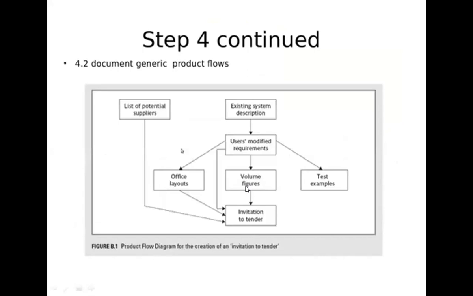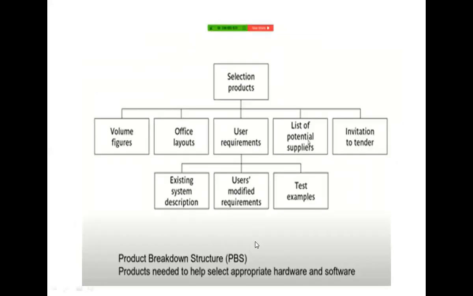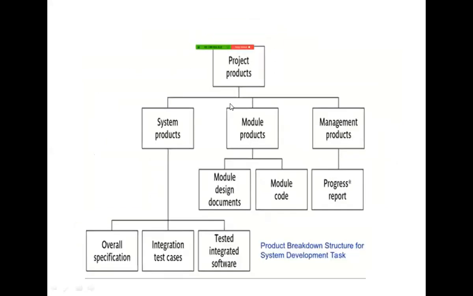Next, go for 4.2, document generic product flows. See the flow chart here. Before this, what are products? Products are the result of an activity.